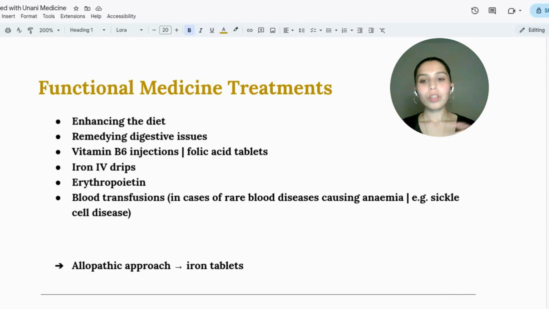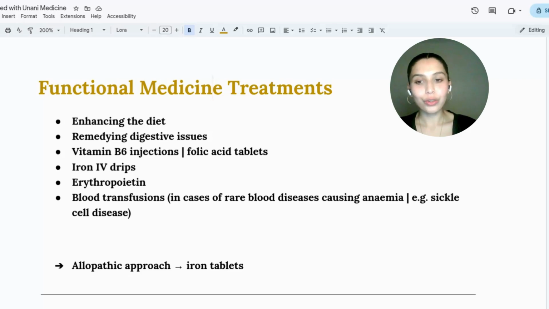So we have vitamin B6 injections or taken in tablet form. Folic acid is a synthetic version of vitamin B6. I'm not a fan of them, but anyhow, and then we have IV drips, getting an IV drip of iron.